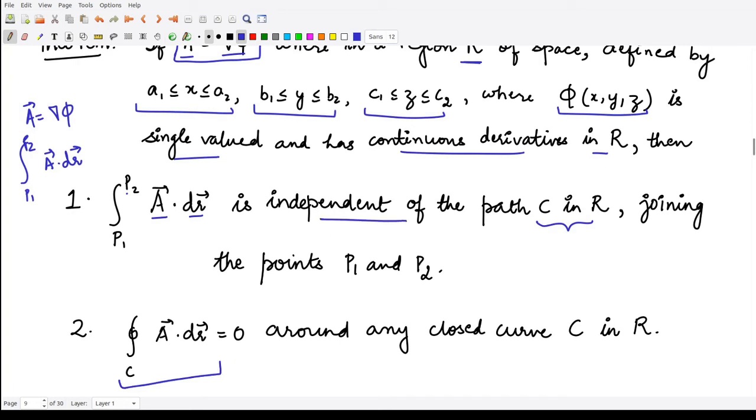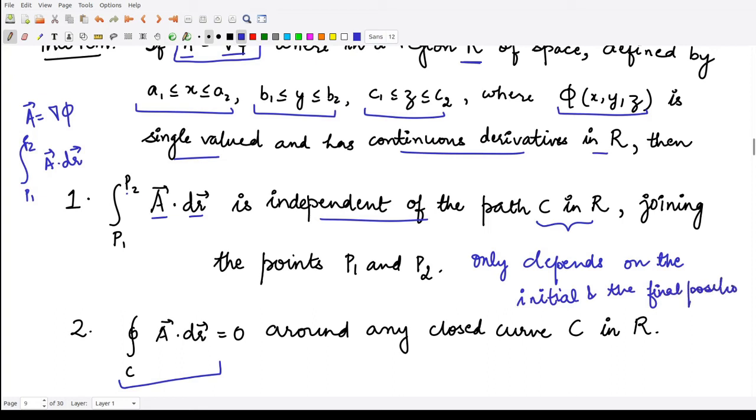If it is independent of path, that means it only depends on the initial and the final position. So that means this integration over the closed curve would be 0.